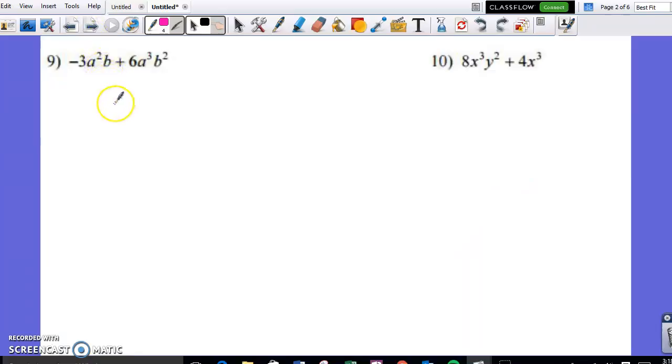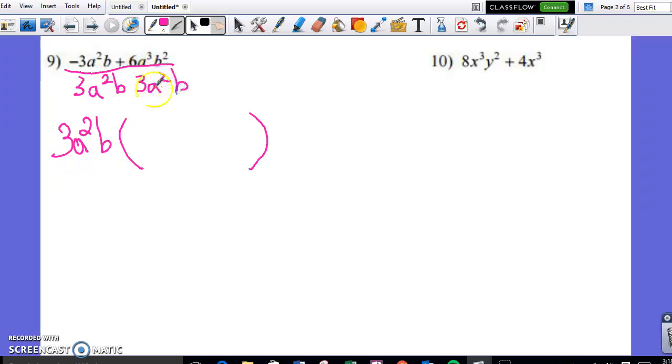Okay, on this first one, you go through the steps every single time. Is there a GCF? Well, yes, they both have a 3. They both have at least an a squared and a b. So that is the GCF. You pull that out and put that underneath so that you can divide both of them by that.